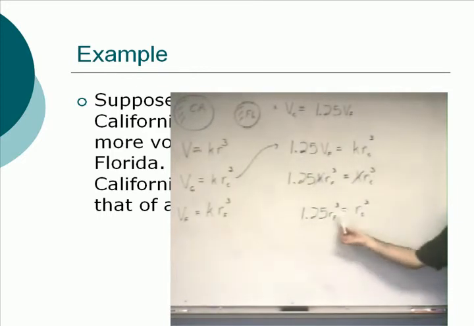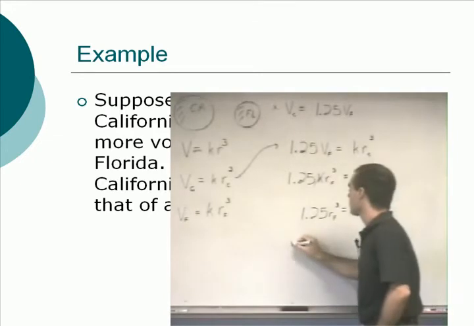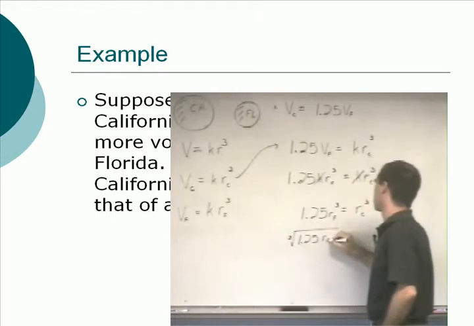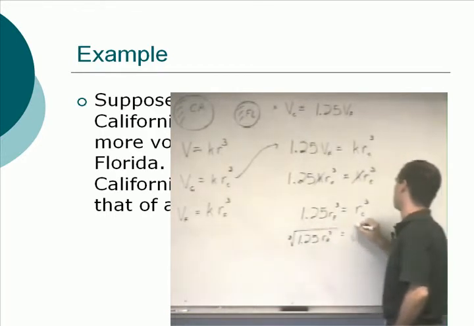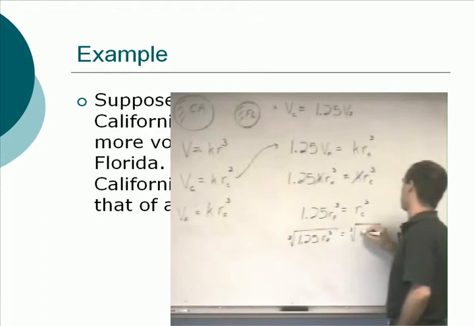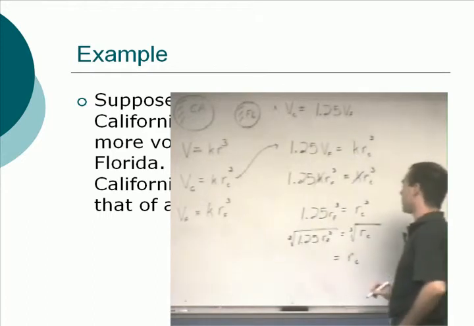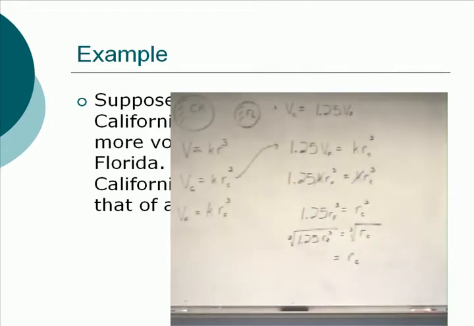So the last step here is to take the cube root of both sides. How do you get R California by itself? Cube root of both sides. So the radius of the one from California is, we just need to know the cube root of 1.25.